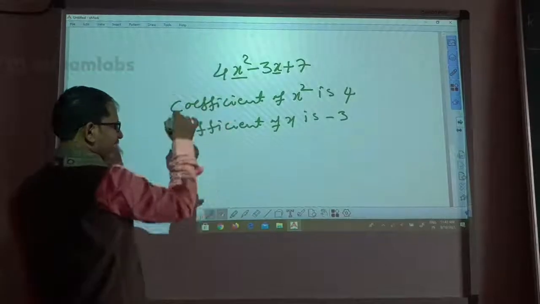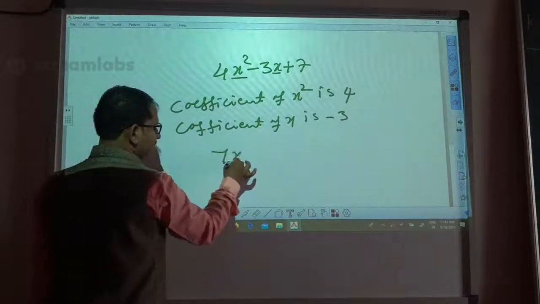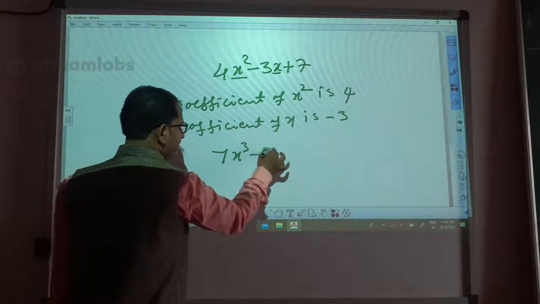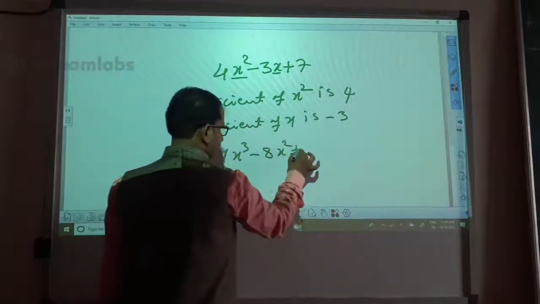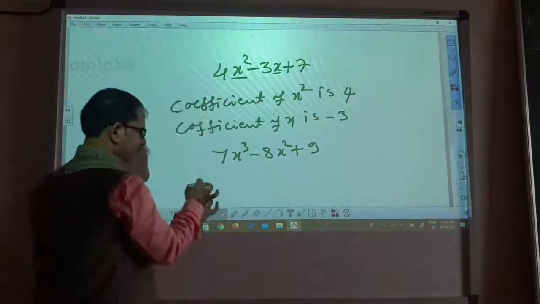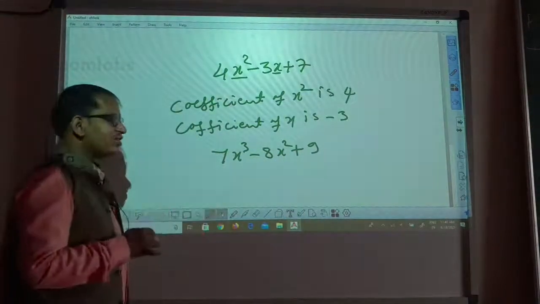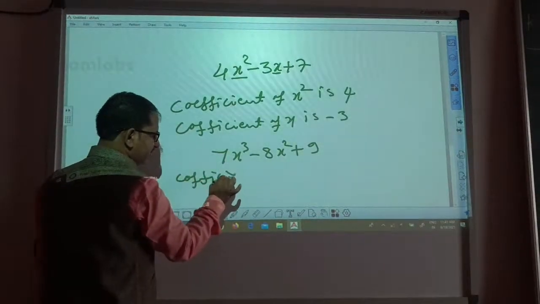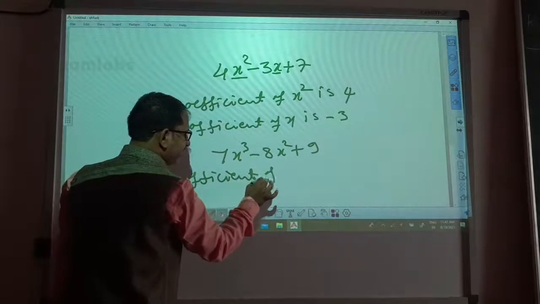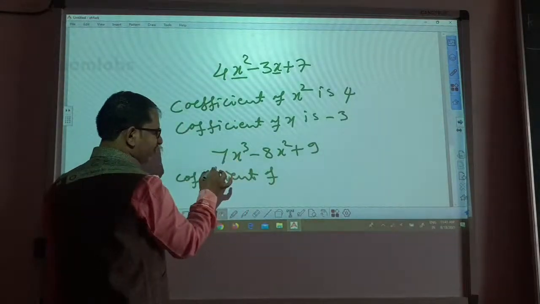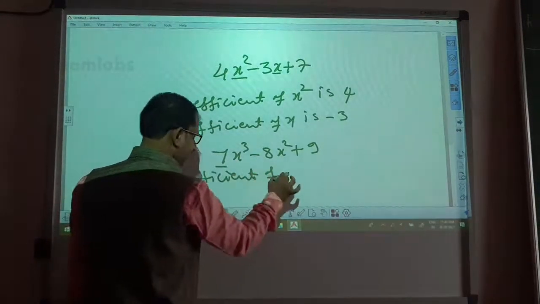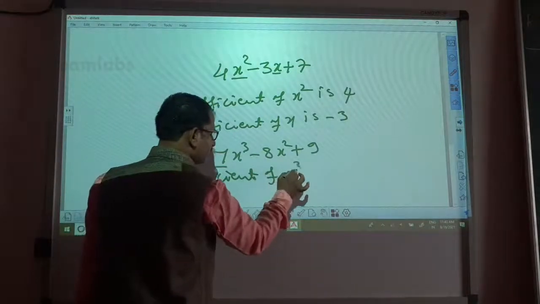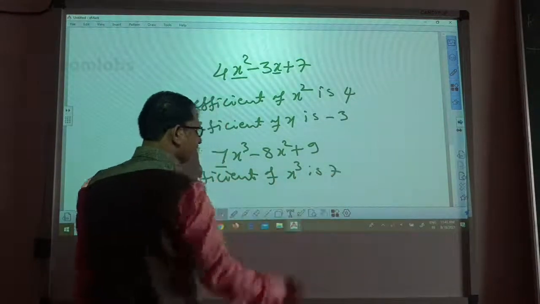If I write one more, 7x cube minus 8x square plus 9, tell me, what is the coefficient of x cube? The coefficient of x cube is 7 here.